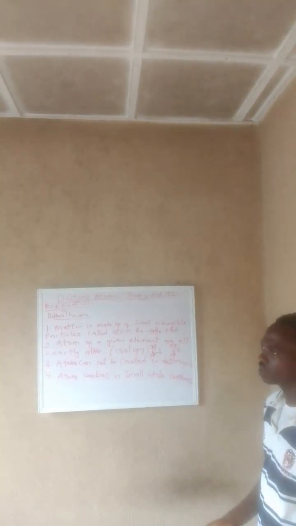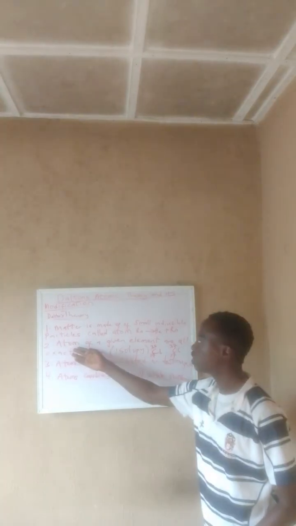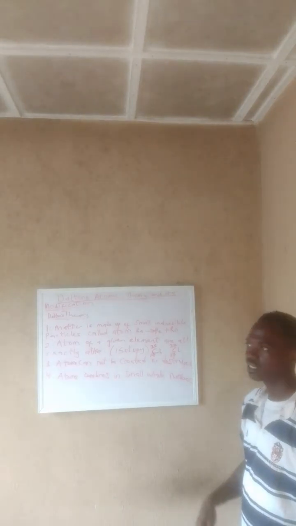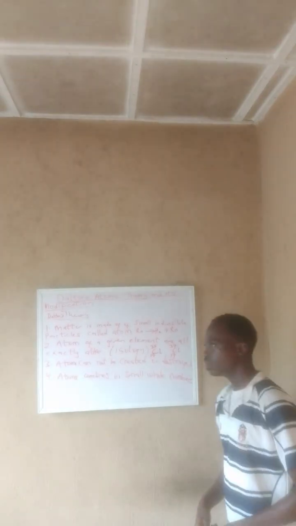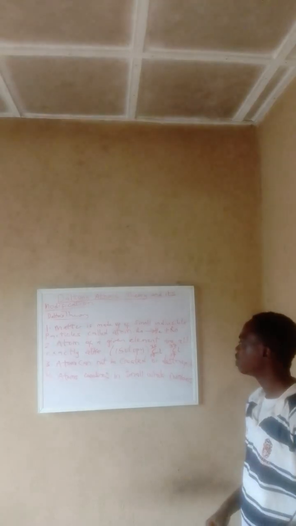So as a result of this, we can now say, due to isotopy, the second theory by John Dalton that states atoms of a given element are all exactly alike is no longer acceptable.